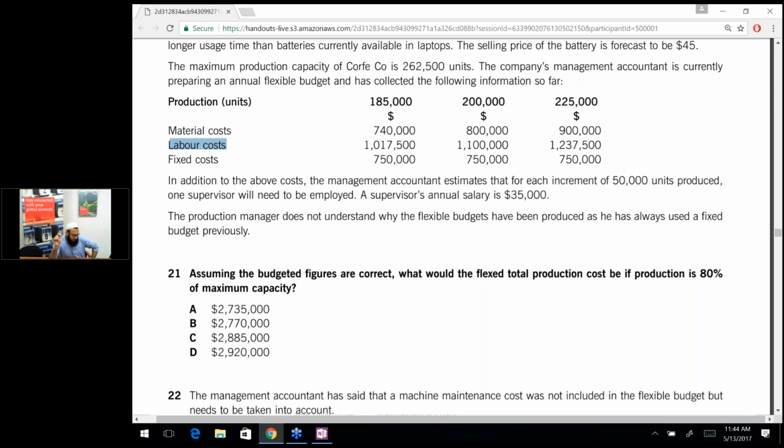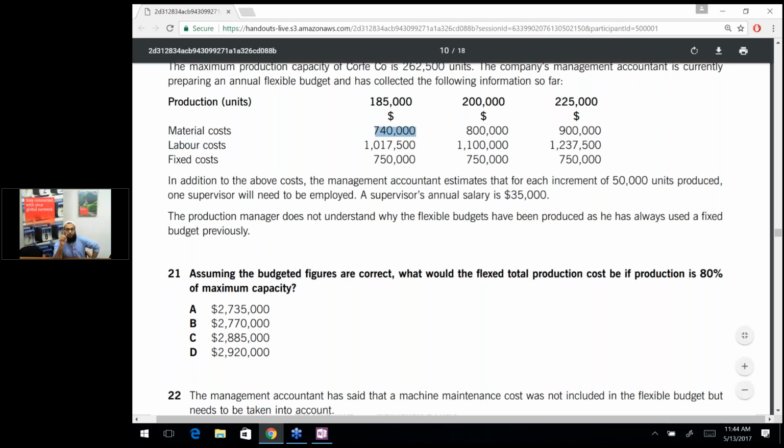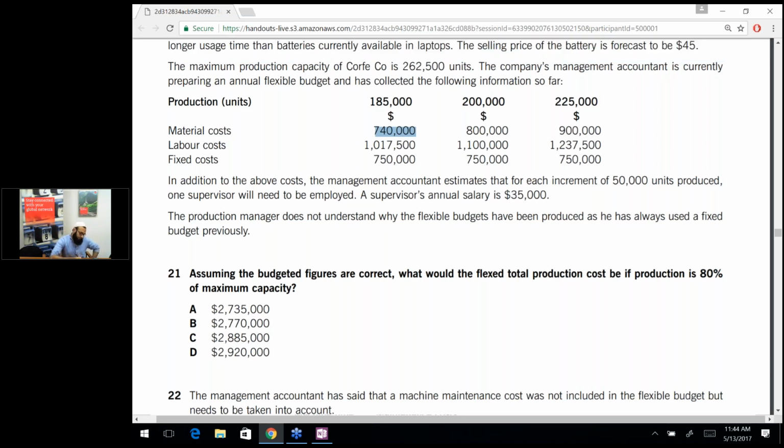First, let's check for material cost. 750,000 divided by 85. Quickly tell me the answer, any one of you. What's the per unit answer? 4.